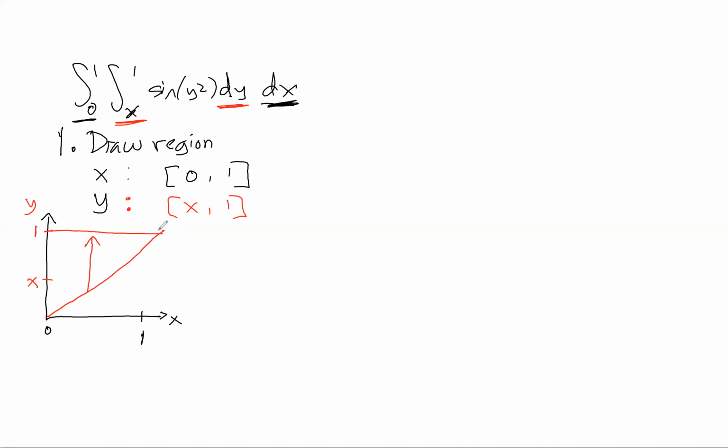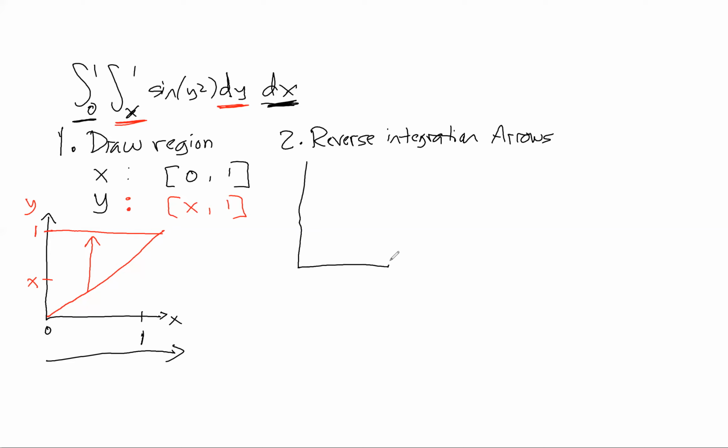So now that we have the region, we're going to reverse the integration arrows. I'm just going to redraw the region just to make things clear.